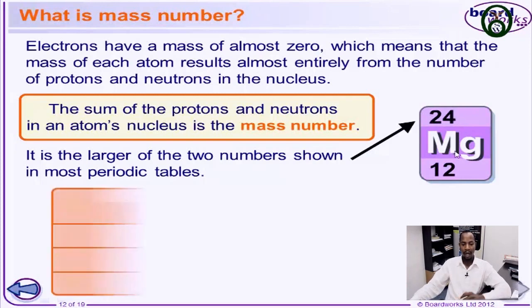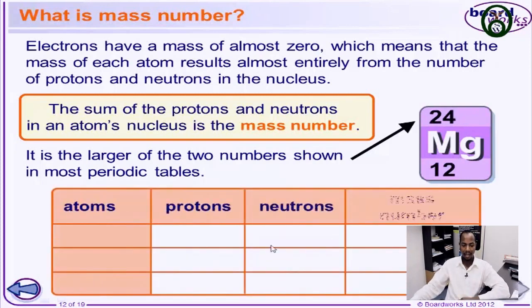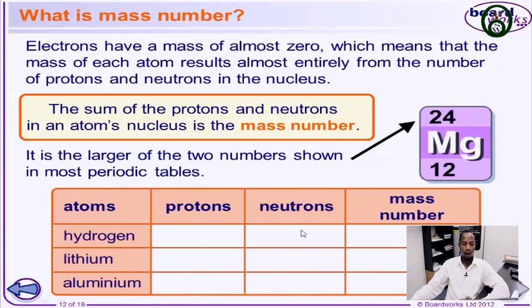Okay, great. Now let's take a look at this table and begin to analyze this concept. In the first case, for the hydrogen atom, the number of protons is 1 and the mass number is 1. Since the mass number of hydrogen is 1, it means the number of neutrons will be 0, because 1 plus 0 equals 1.